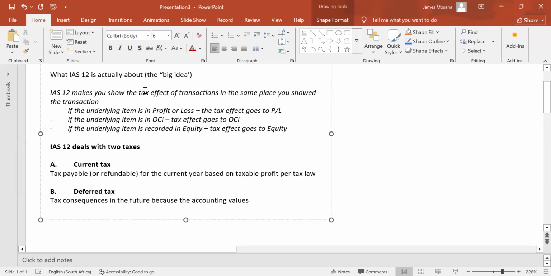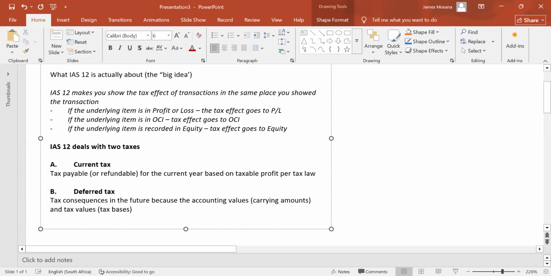When I am talking about the accounting values, I am in essence talking about the carrying amount, and when I'm talking about the tax values, I am in essence talking about the tax bases. So they are different today. So this is deferred tax.